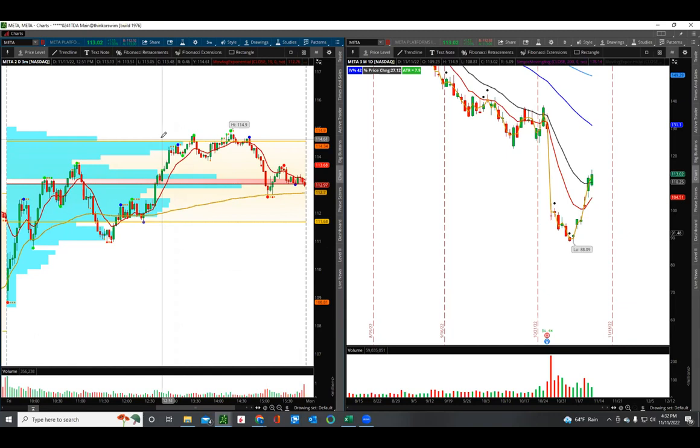So, moving averages. I know a lot of you already know this stuff, but let's talk about moving averages. You have your simple moving average, which is used to identify the direction of the current price trend. Let me zoom out here a little bit.